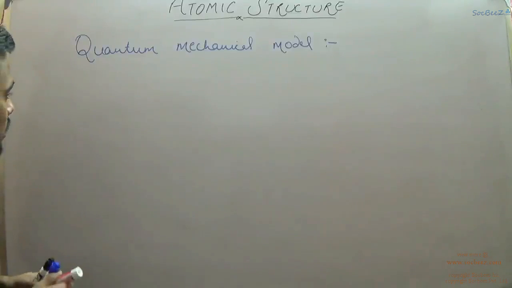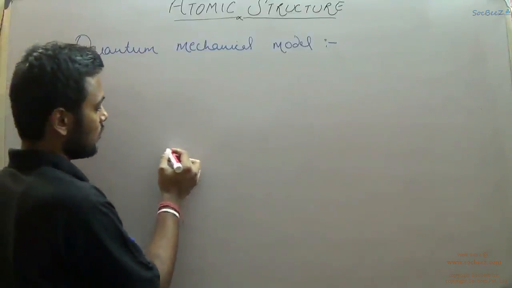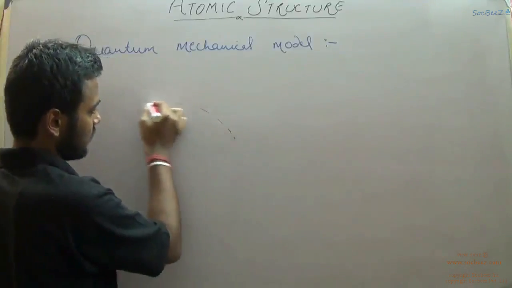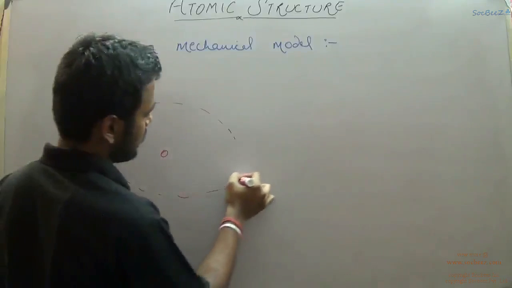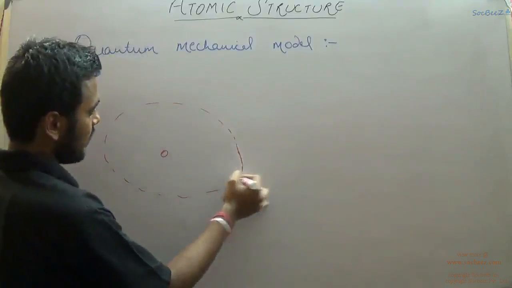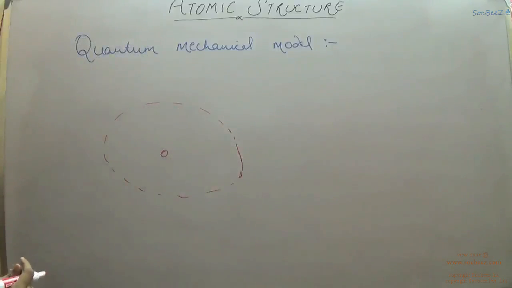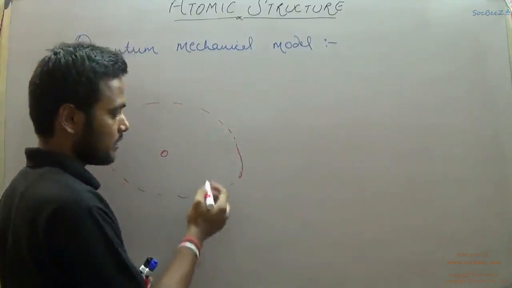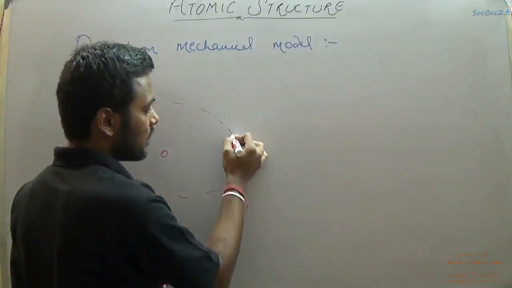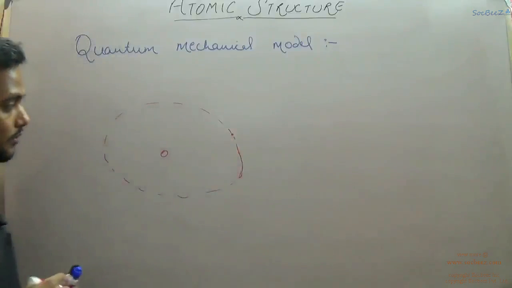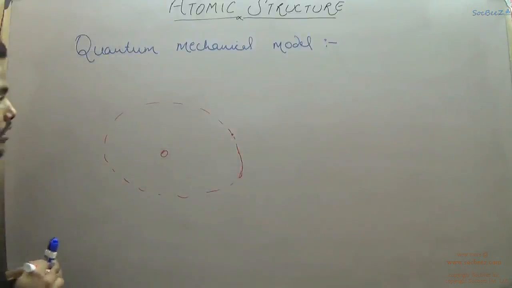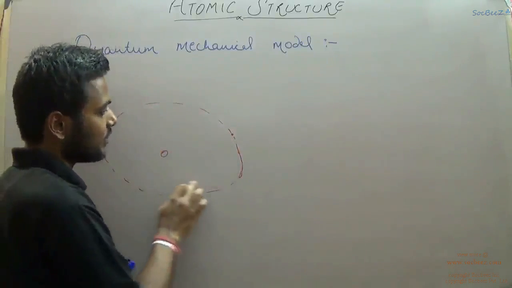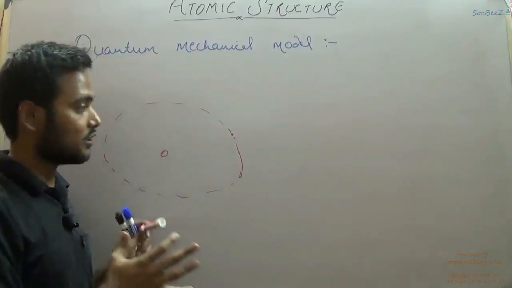Since we know that in the solar system this is the sun and these are the planets that revolve around the sun, in elliptical orbits. Here, these are the small planets, and we call this trajectory of these planets orbits in case of our solar system.